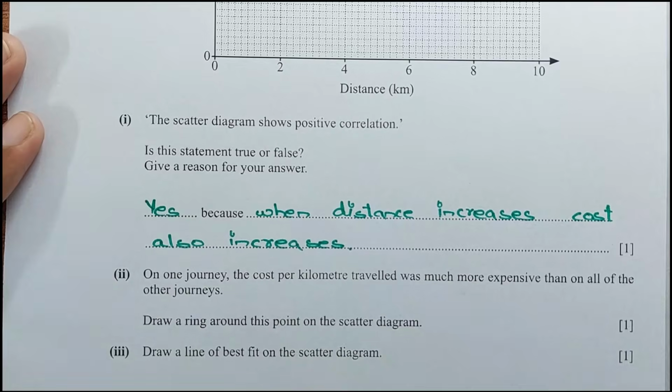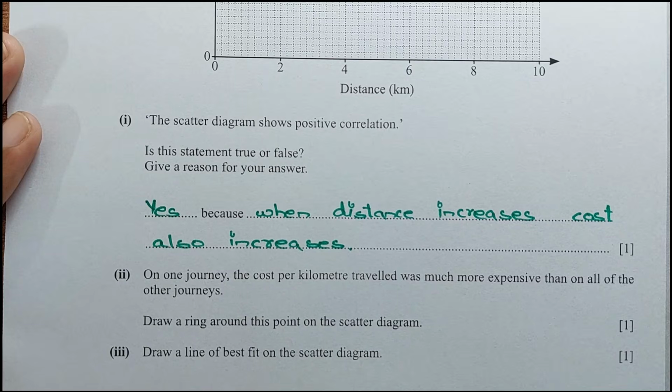Second part, on one journey, the cost per kilometer traveled was much more expensive than on all the other journeys. Draw a ring around this point on the scatter diagram.